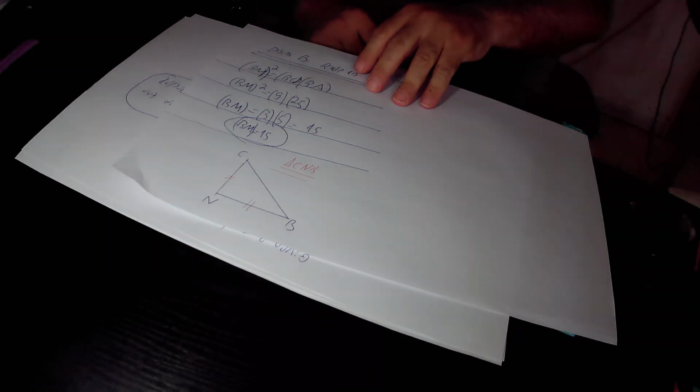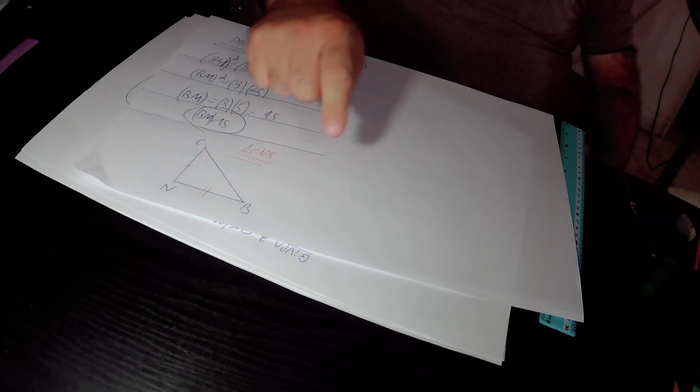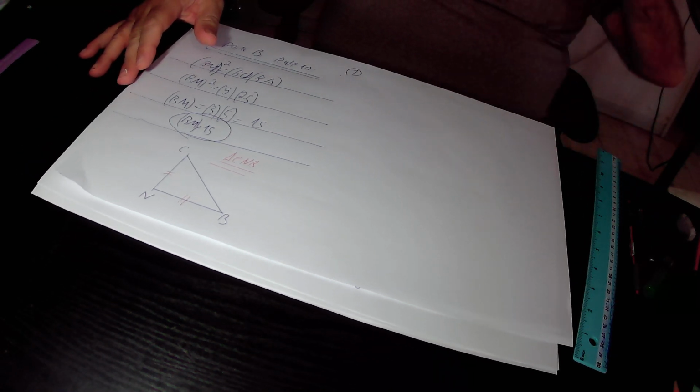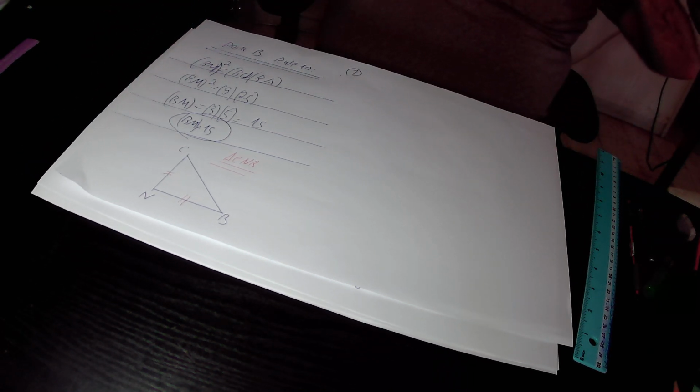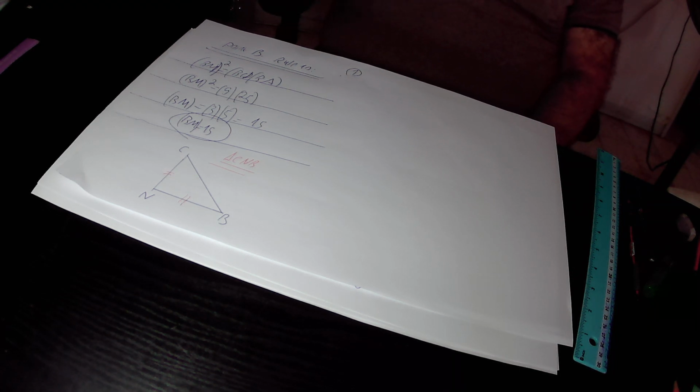So actually, this is triangle CNB, this is the copy from the original drawing. According to rule 2, side CN equals side NB. And we have the rule that says that in front of equal sides in the triangle there are equal angles. Repeat again, in front of equal sides in the triangle there are equal angles.